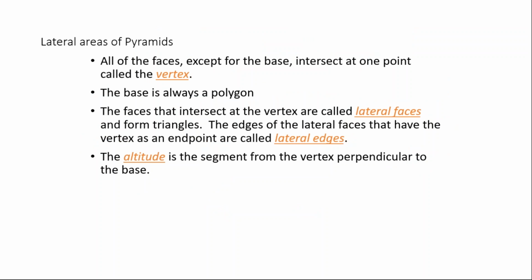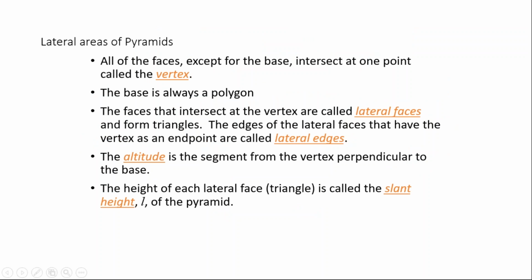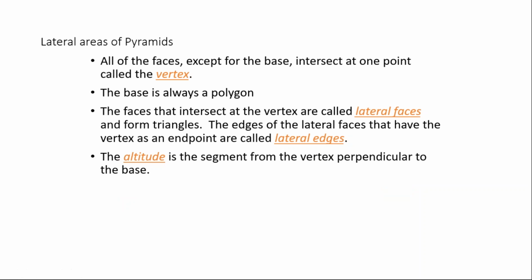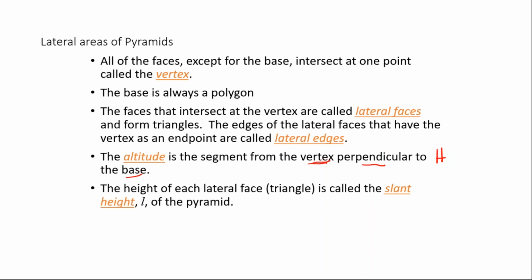Altitude is always from the vertex, that key one, perpendicular to the base. Height, that's the capital H. The height of the lateral face is the slant height.